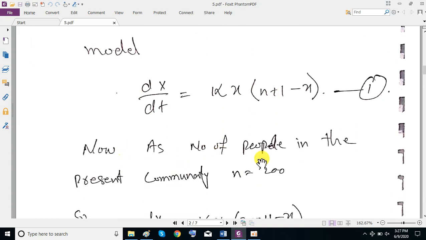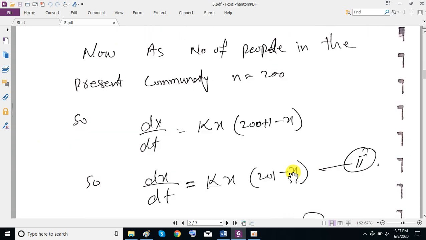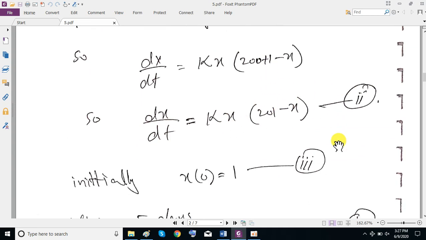Now, as the number of people in the present community is 200, we put n is equal to 200. So equation 1 becomes dx by dt is equal to kx times 200 plus 1 minus x, so dx by dt is equal to kx times 201 minus x. This is equation number 1. Initially, as one infected person has entered the community, the initial condition will be that the number of infected persons is 1.